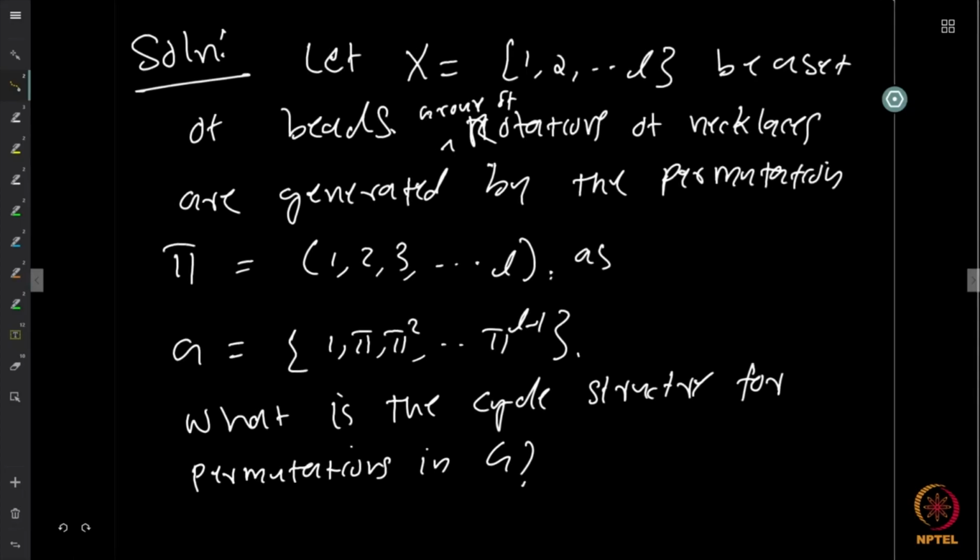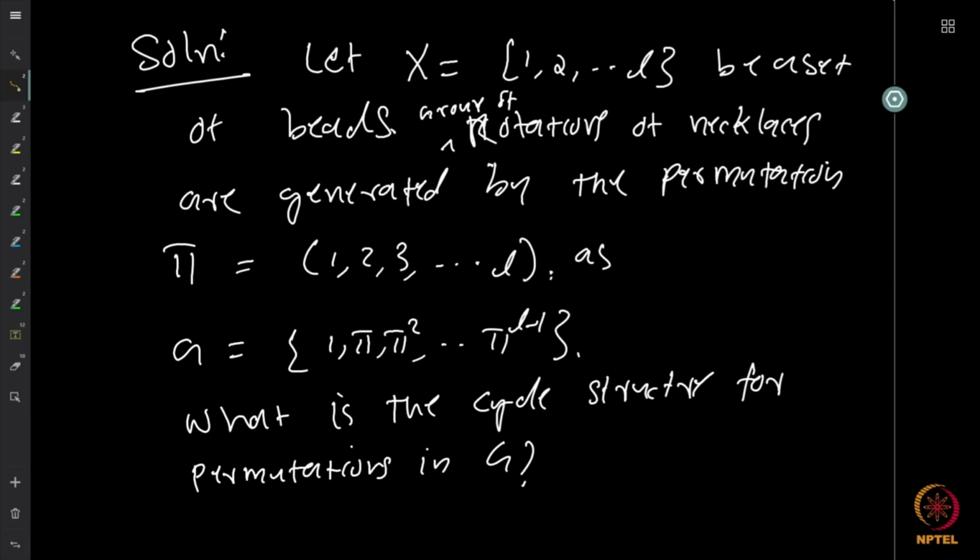So it turns out that if you take any permutation in G, there is only one cycle type, a cycle of some length, and that will appear many times. So all the cycles in each of the permutations will have the same length. That is what I wanted to say.